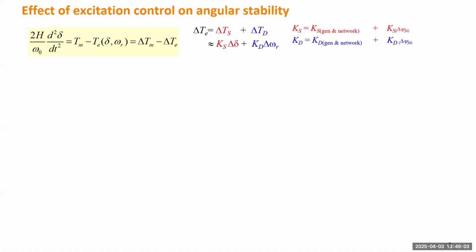Let's see how the coefficients Ks and Kd come about. Ks comes from two places: the generator together with the network, and the design of the excitation system. Similarly, the damping torque coefficient comes from the generator and the network, meaning outside of the excitation system, and from the excitation system.